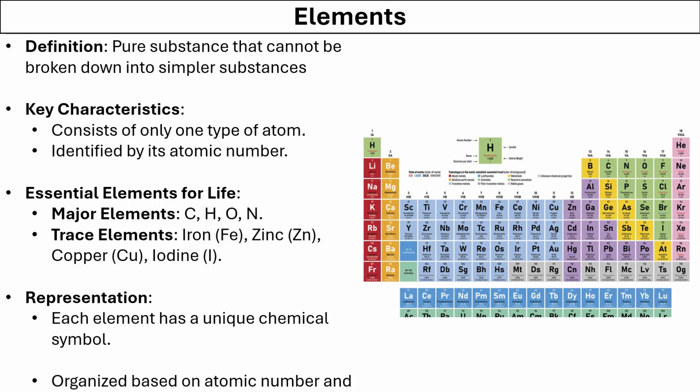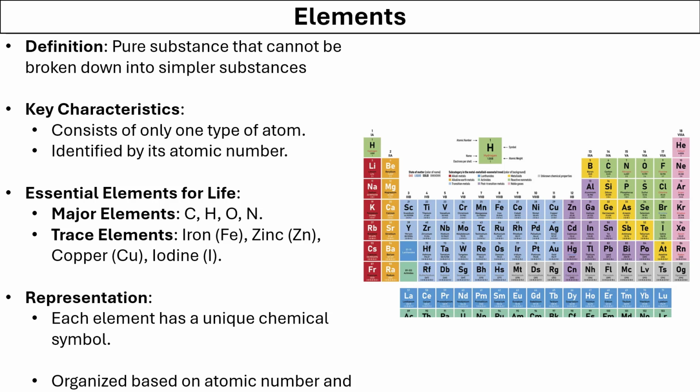The elements consist of only one type of atom. So hydrogen is purely hydrogen, oxygen is purely oxygen. And they are identified based on their number, which is atomic number. And atomic number represents how many protons are present in the atom of that element.